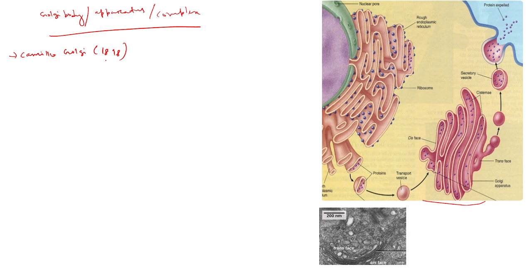So the first electron microscopic structure of the Golgi body looks like this. That means it is a densely colored structure that was found in the electron microscope. Look at the structure, and this is the Golgi body.